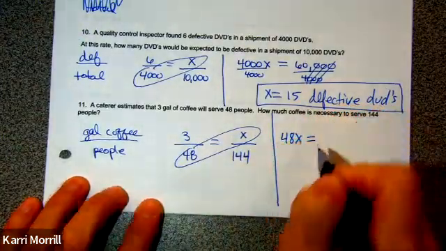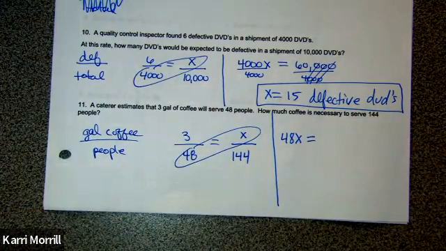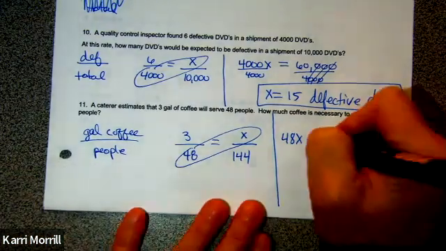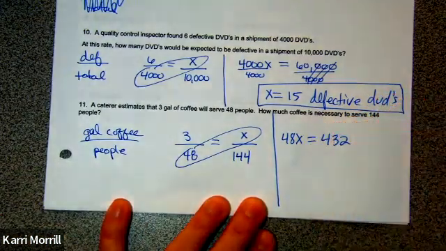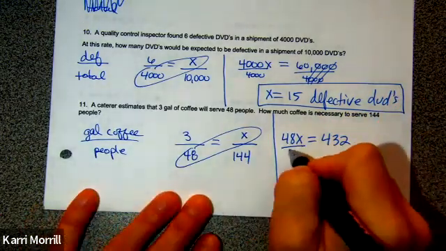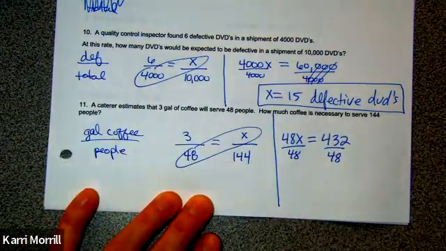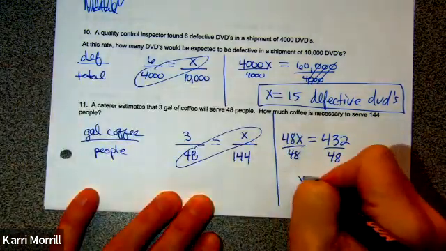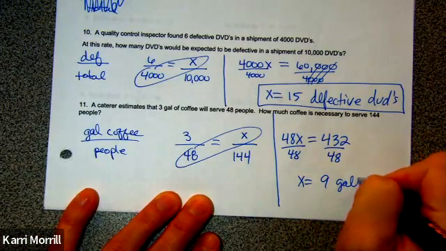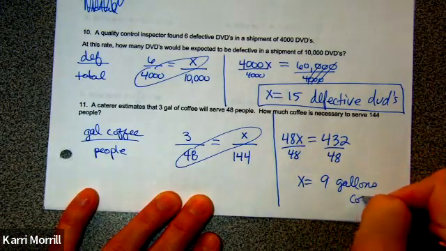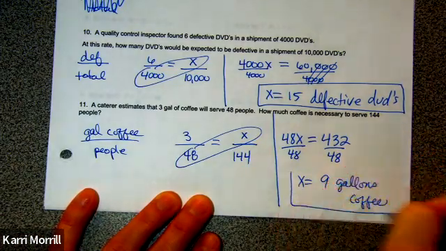So 48x equals 3 times 144, which is 432. Then we divide by 48. And you get 9. So that means we need 9 gallons of coffee to serve that many people.